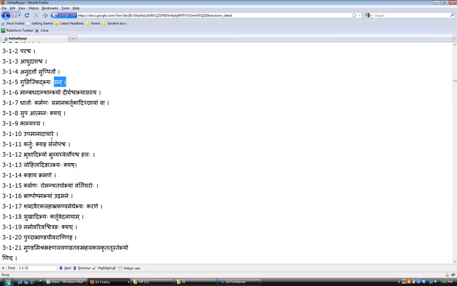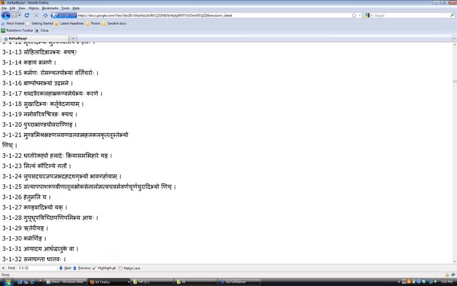Anyway, regardless, today we're going to look at the yan prakriya. Where does the yan come in this section? That is 3.1.22. This main sutram is Dhatoreka-co hal-adeh kriya-samabhihare yan. Before I go ahead, I always remind you, anything to do with the dhatu, you have to keep the dhatu vritti by your side at all times.